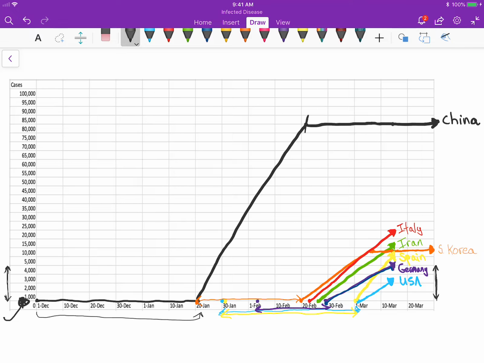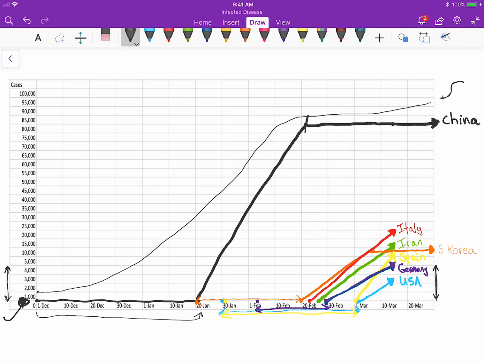Now, one thing to note is that these graphs are not drawn to scale. So the real curve, you have to understand, is going to look something like this. If we start over here, December 1st, the number of new cases are really going to go something like this, and then we'll sort of level off here. So my prediction is every curve is going to have sort of a sigmoidal shape to it when it's all said and done.